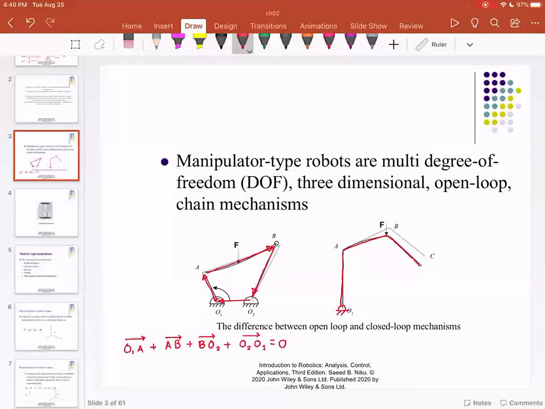So this is called the loop closure equation.